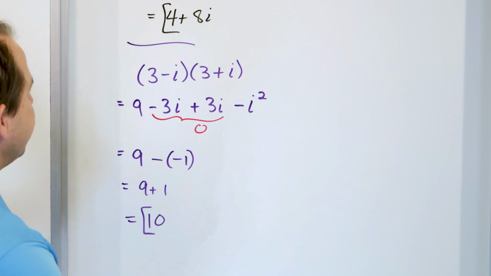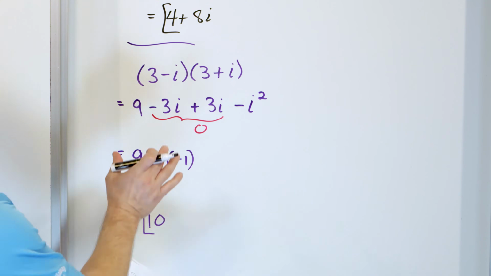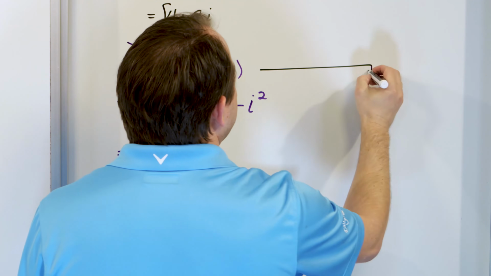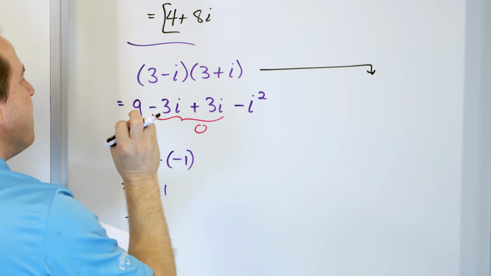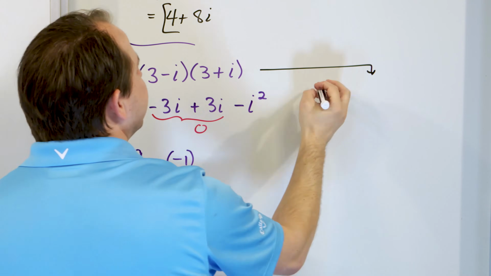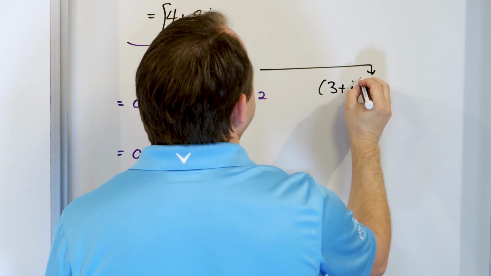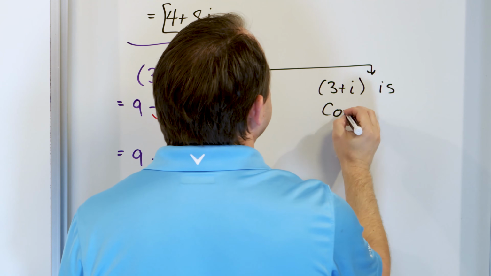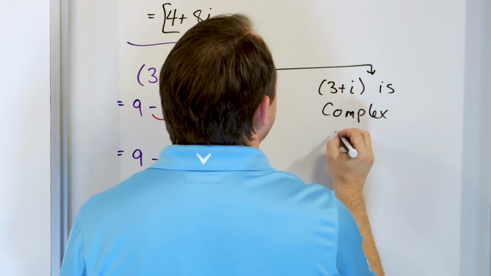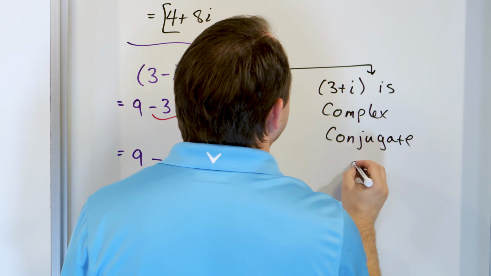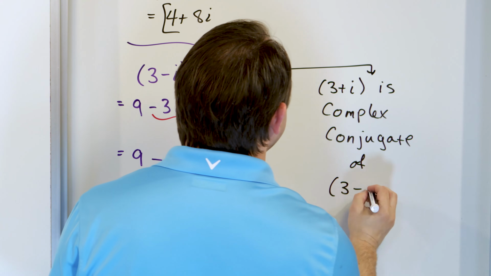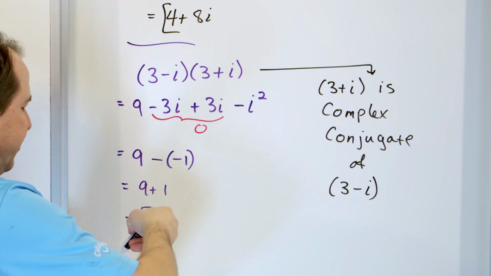The other thing I want to point out to you here is that 3 plus i is what we call the complex conjugate of 3 minus i. In fact, they're complex conjugates of each other.